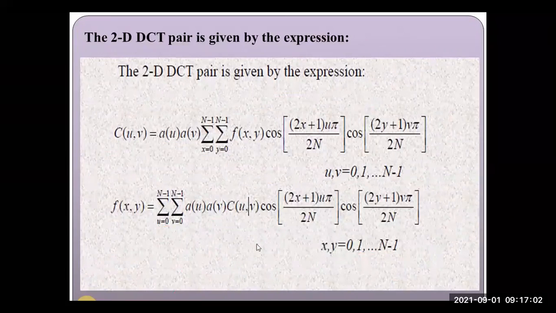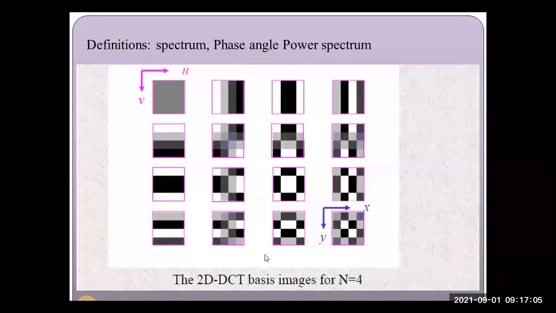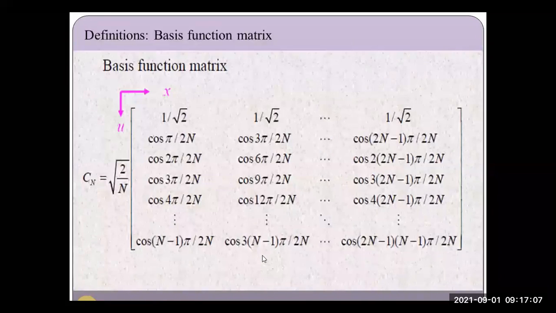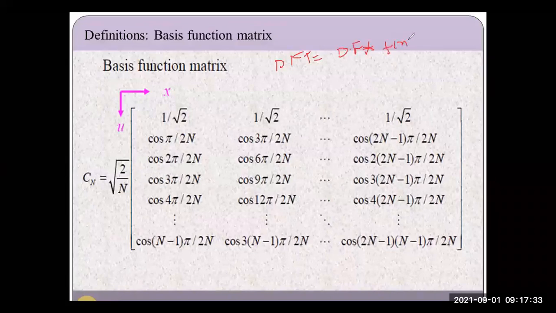Okay, so then we will move on. Now this basically represents your basis function matrix. As we studied in DFT, to construct a DFT, what do I require? The basis function. Then I will multiply the basis function with the actual image, and then with the basis function of transformation.